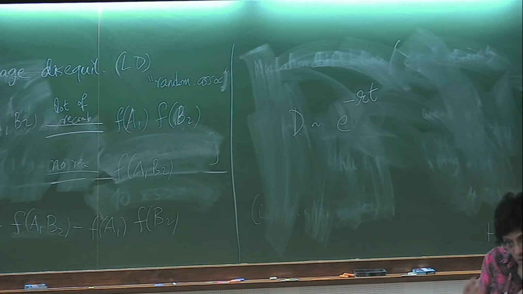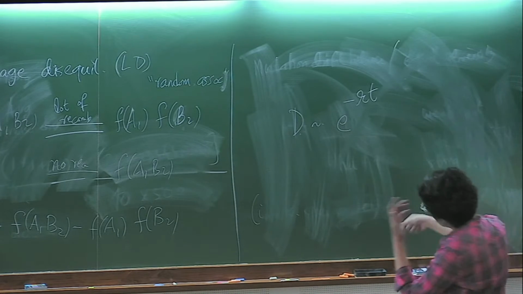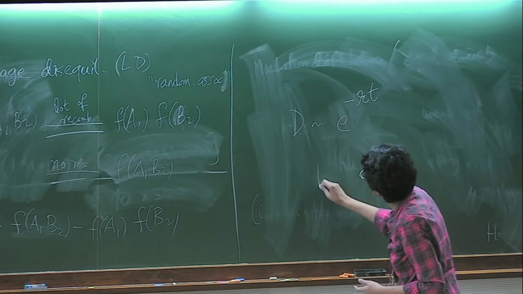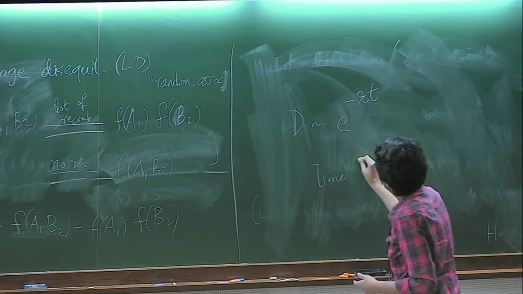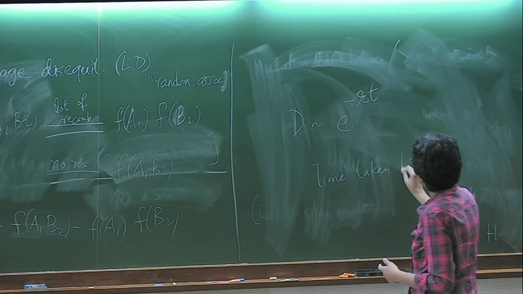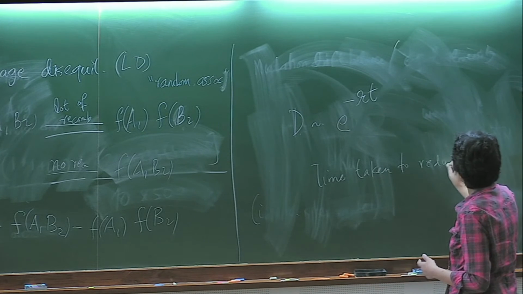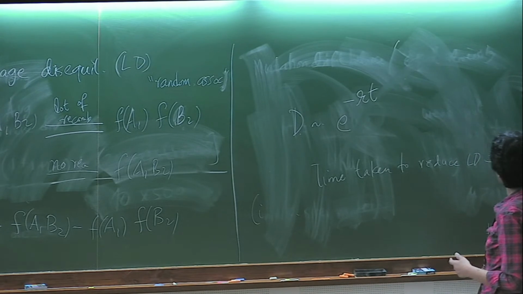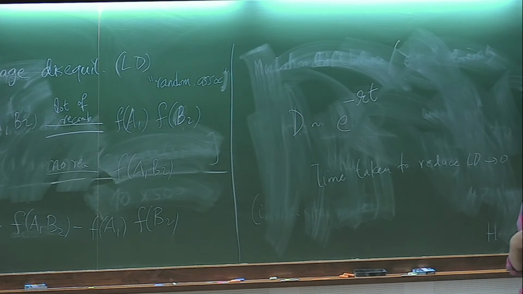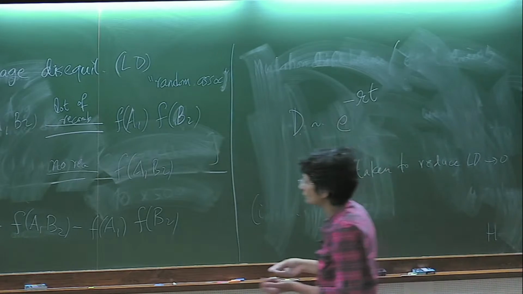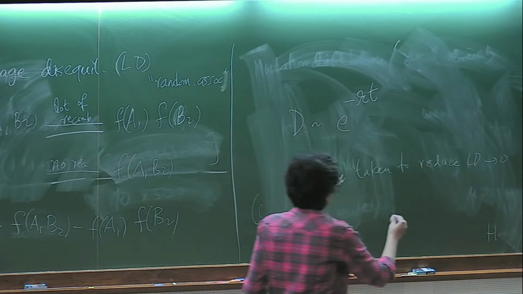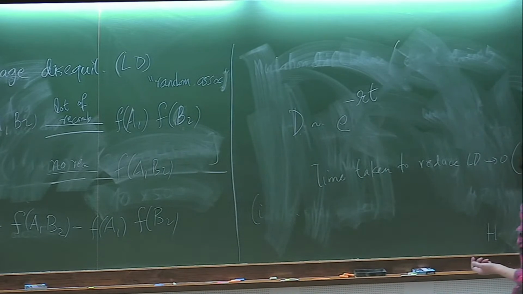So if there's no sex, there's no recombination. The time it takes to reduce LD to 0, when LD becomes 0, is called linkage equilibrium.